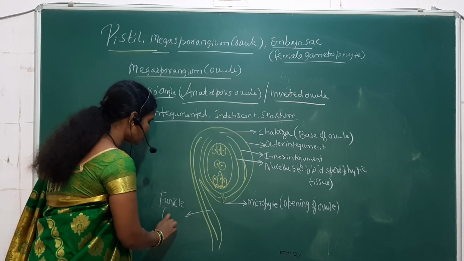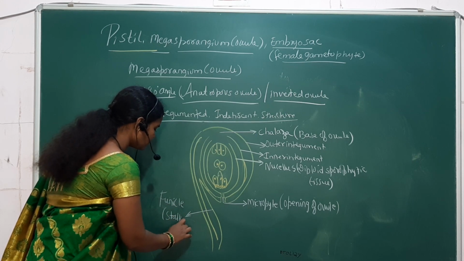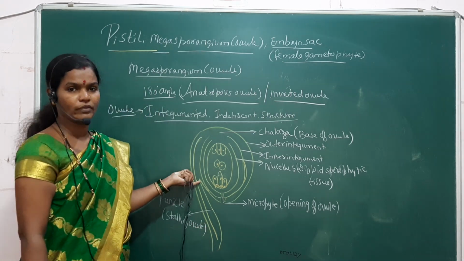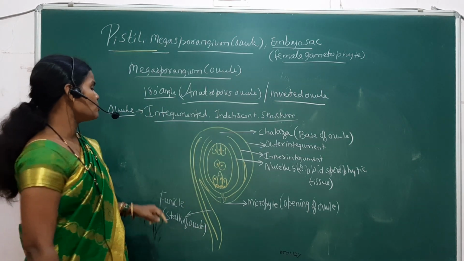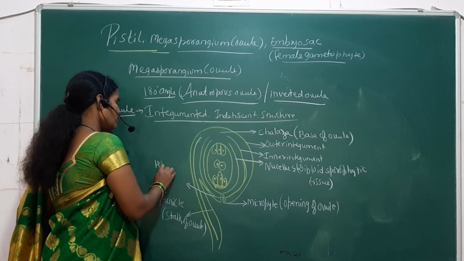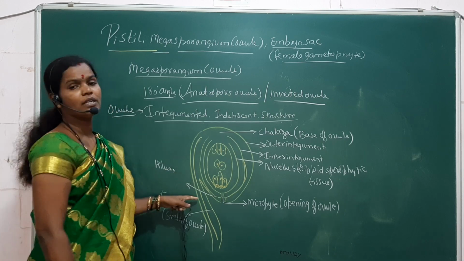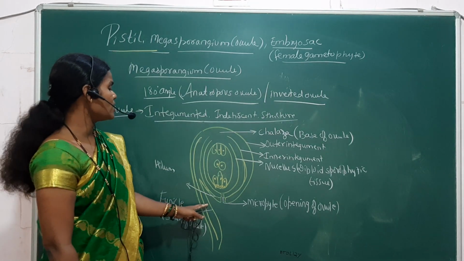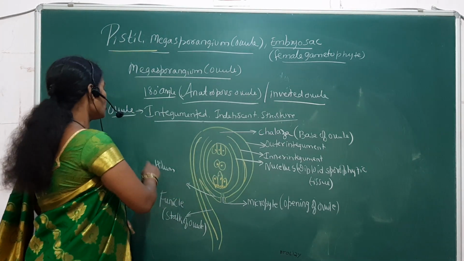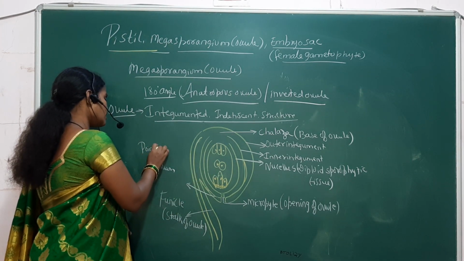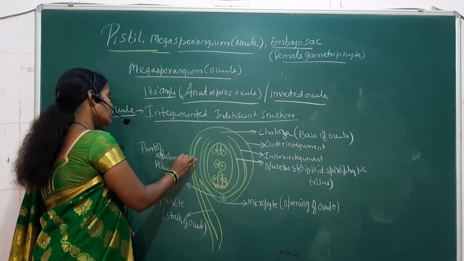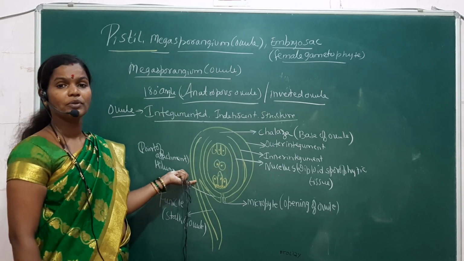Funicle is the stalk of the ovule. And coming to the hilum, hilum is the point of attachment between the funicle and the ovule.